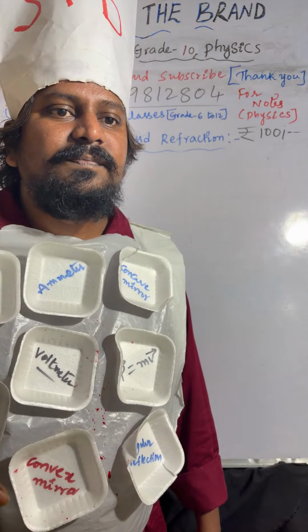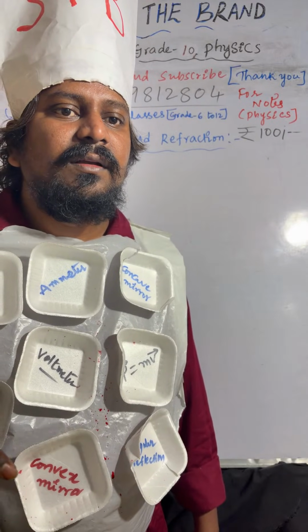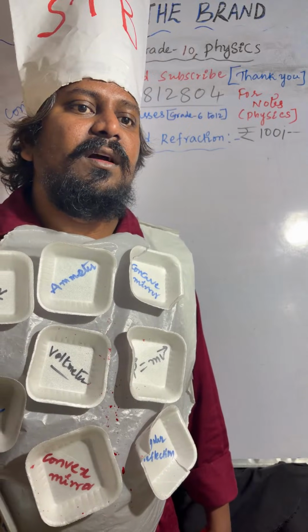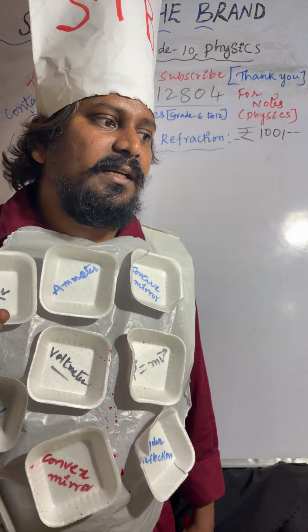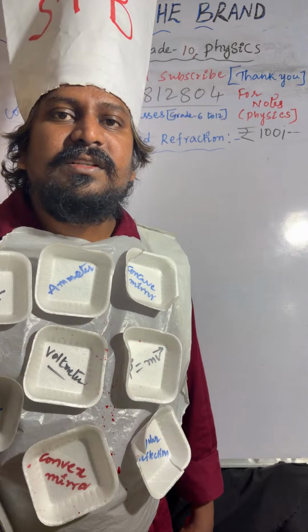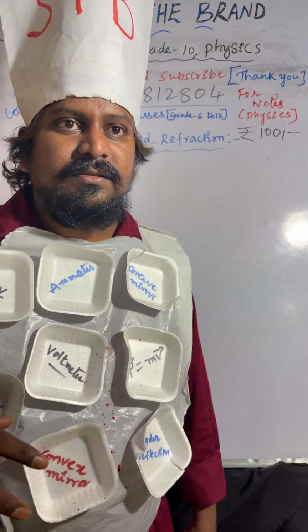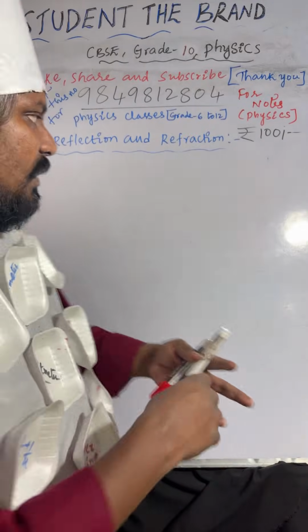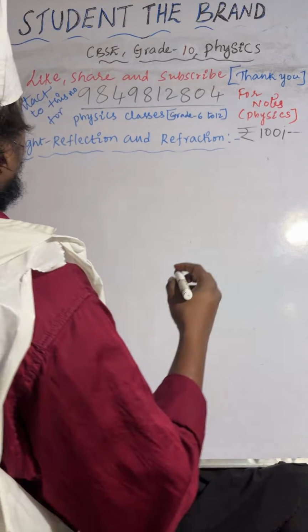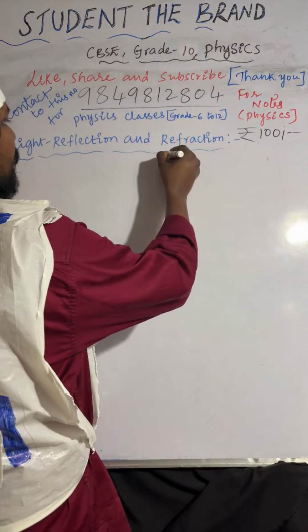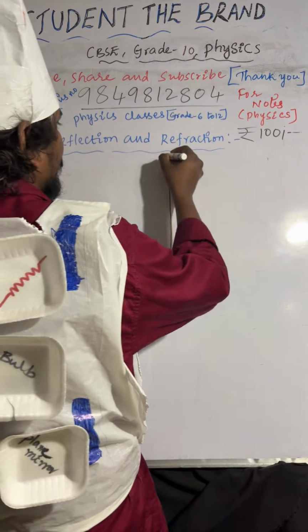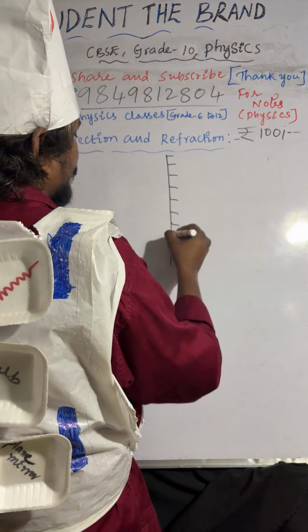And sometimes one more they will ask, that is angle of incidence, angle of reflection, and angle of deviation. Okay, so now we will discuss one more topic, that is object and image. So object and image, I am taking like this.